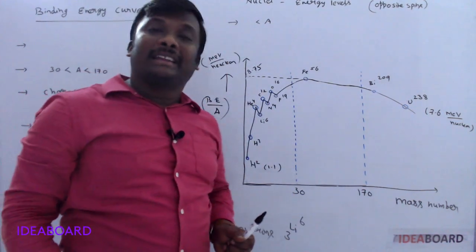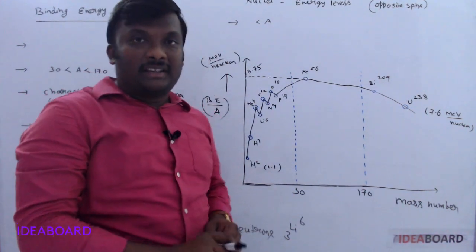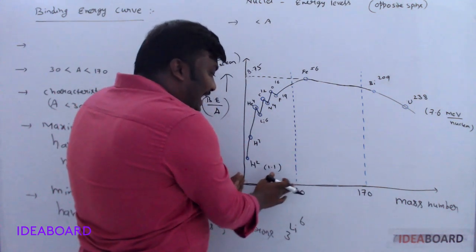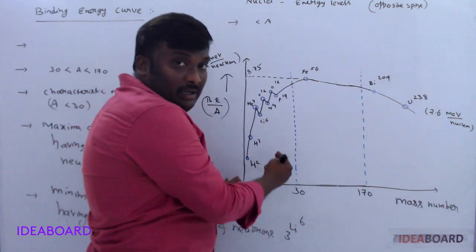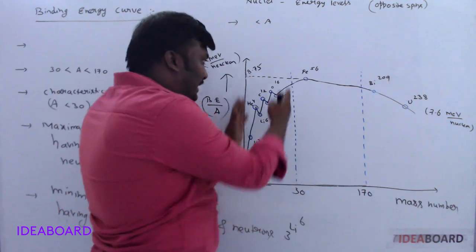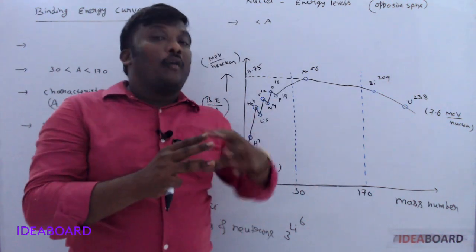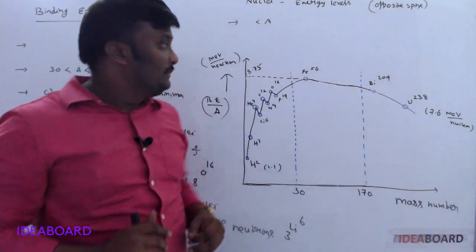Why? For getting stability. This generally happens for values lesser than 10, 20 or 30. Within this region only, they combine to form heavier nuclei.